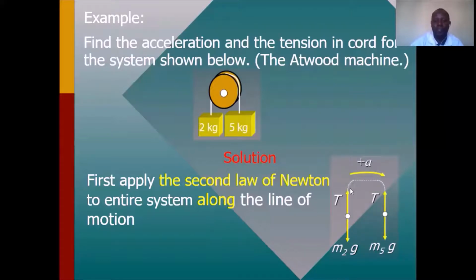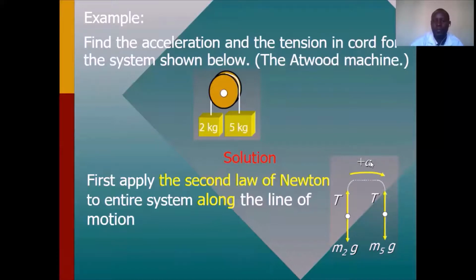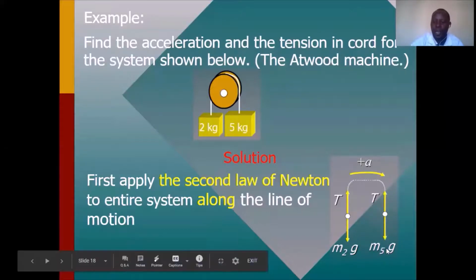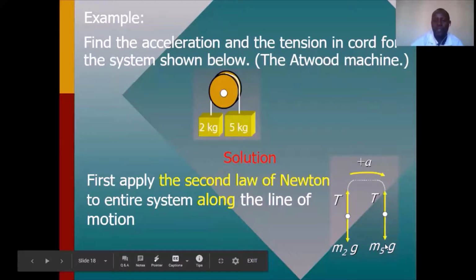Here we have a free body diagram. This is what I'm telling you. Tension minus M2G is equal to M2 times acceleration. M5G minus tension is equal to M5 times acceleration.